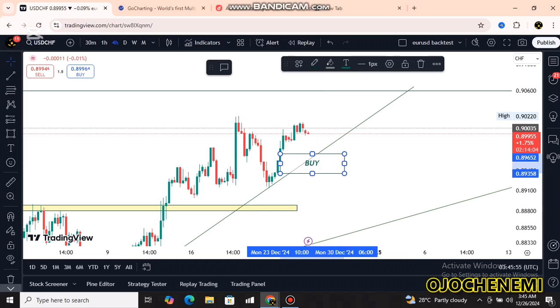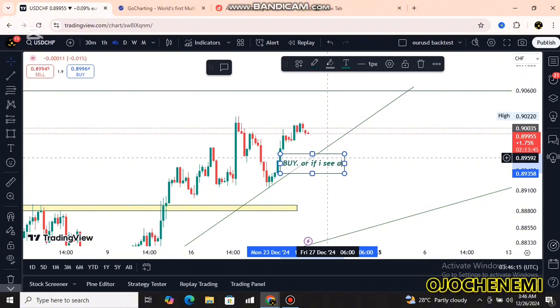So I should write that once it retraces to this zone, because this is a fib retracement zone, I'm going to buy, in accordance with the third touch break, which is going to form my point 2.